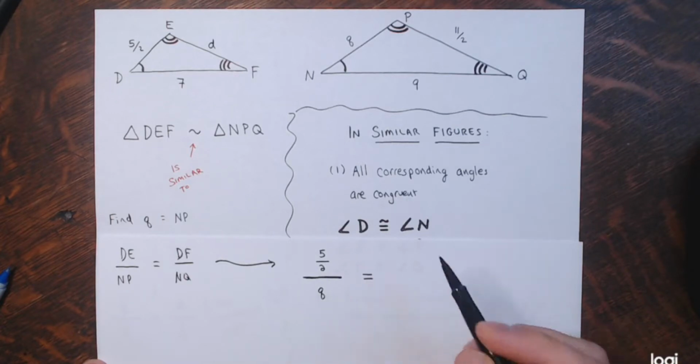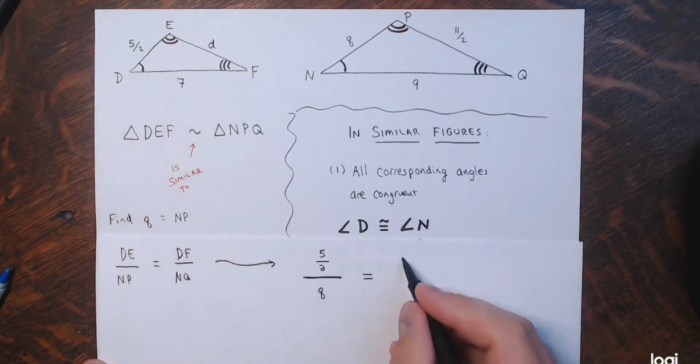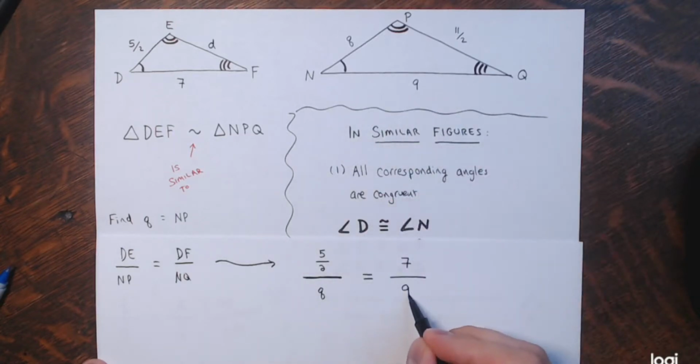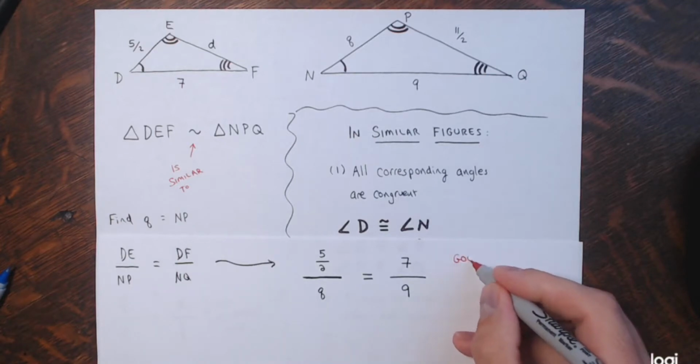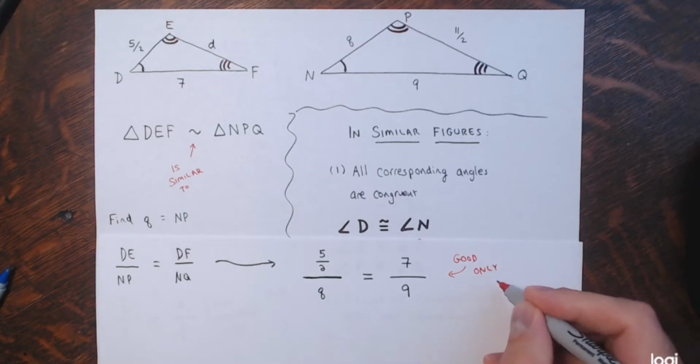Equals, and then the DF to NQ, DF has a length of 7, and NQ has a length of 9, and this is much better. See, this is good. Only one variable, so I should be able to find a value for that variable, that q.